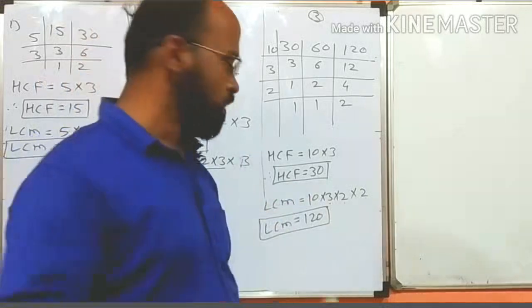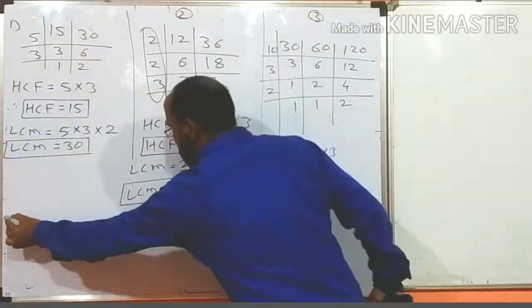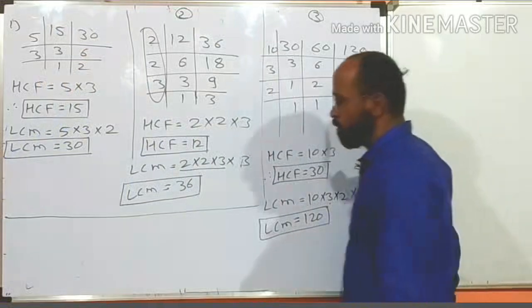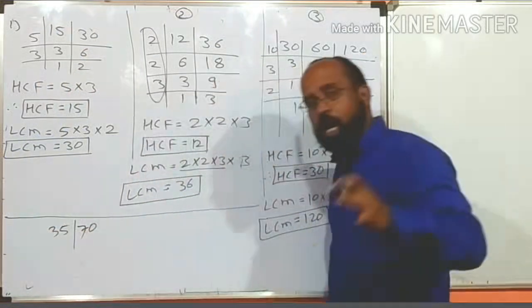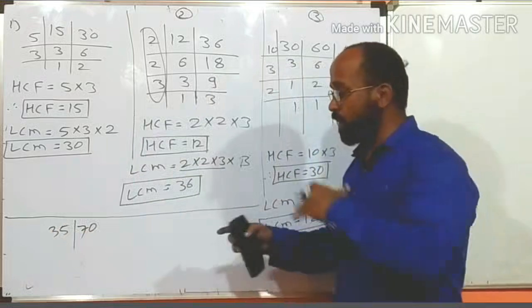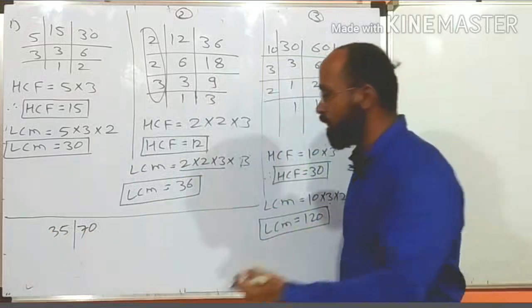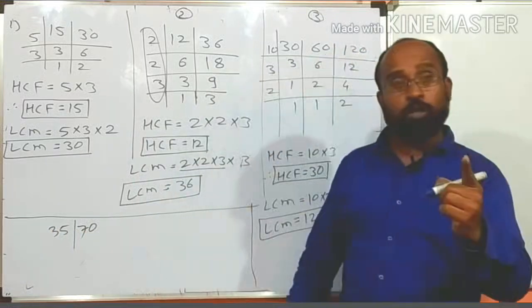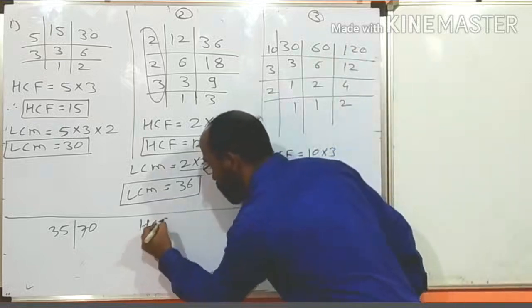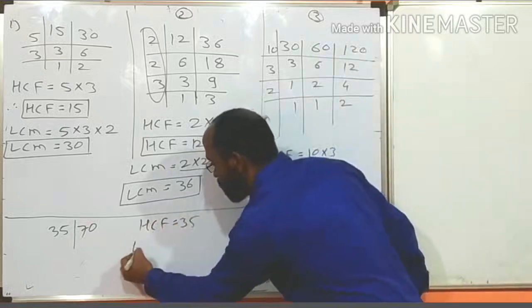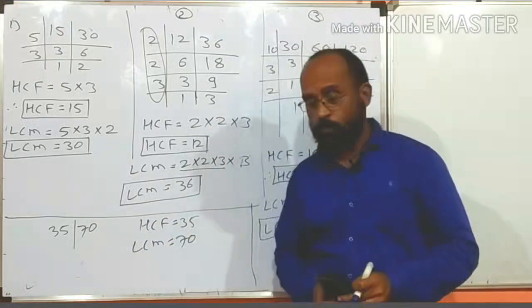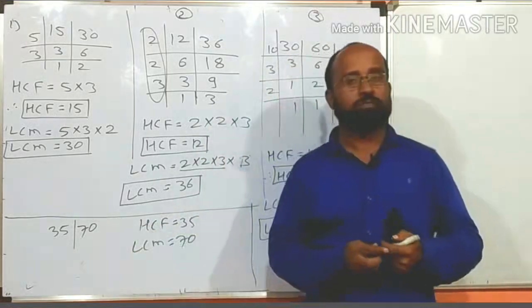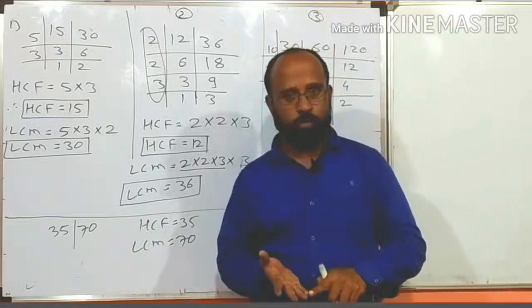Suppose the question is such as find the HCF or LCM of 35 and 70. I will not recommend you to factorize these two numbers. What I'm expecting, students should directly write HCF is equal to 35 and LCM is equal to 70. And you may wonder why we don't have to factorize, because the rule is given in the book.